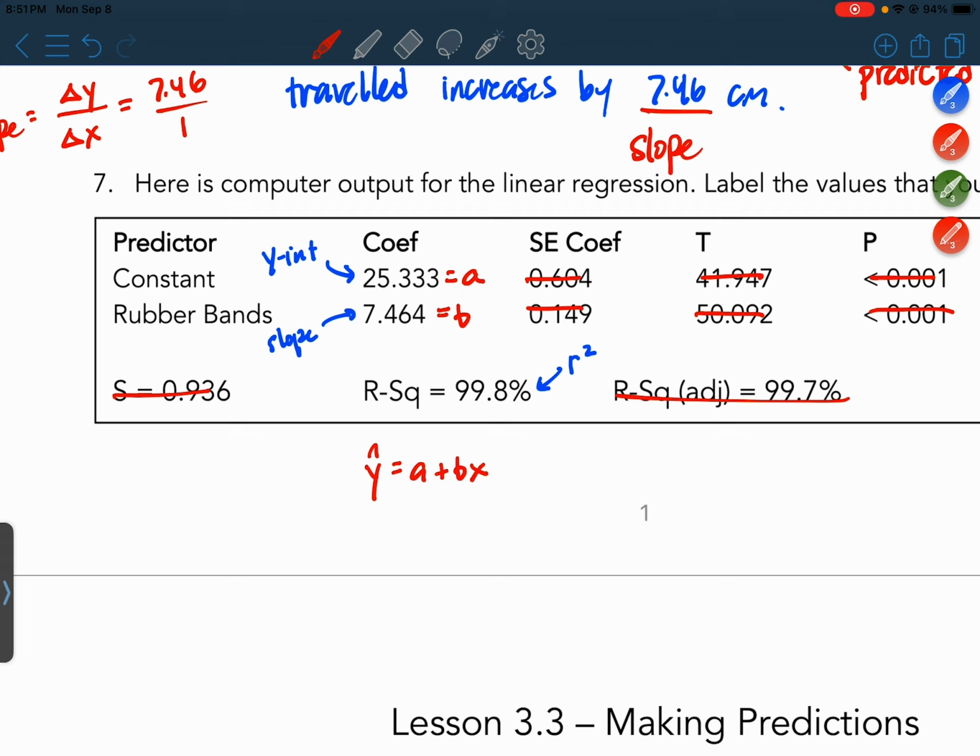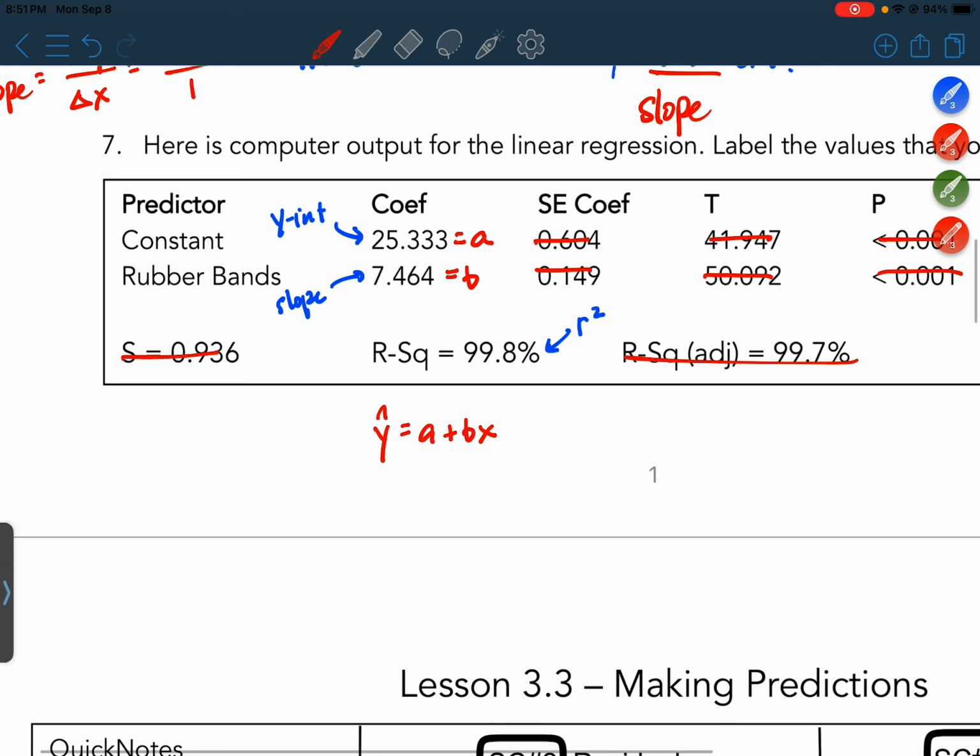Kind of similar, but not quite the same as in Algebra 1 when you say y equals mx plus b. So we don't like to use m for slope. We actually like to use b for slope, which is very confusing because you used b for intercept back in the day. Also, probably should make a note that rubber bands, that's the context for our x variable.